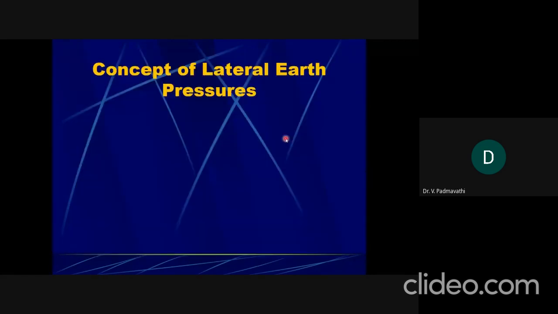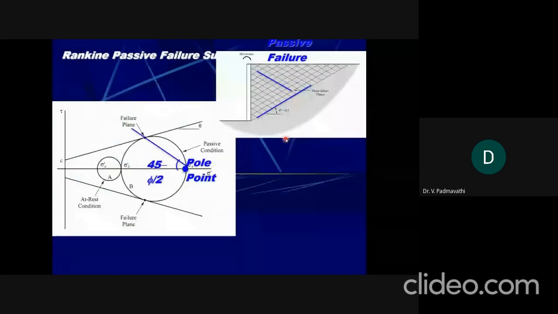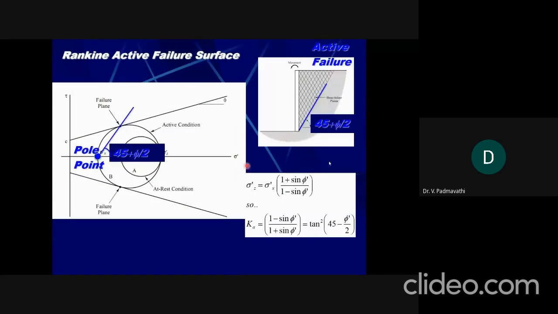So once we have this, what are the different stresses and how do they act? Here you can see the failure lines must originate from the bottom of the retaining wall and should extend up to the ground level. This is the pattern of the failure lines, the shear failure planes, the failure zones.